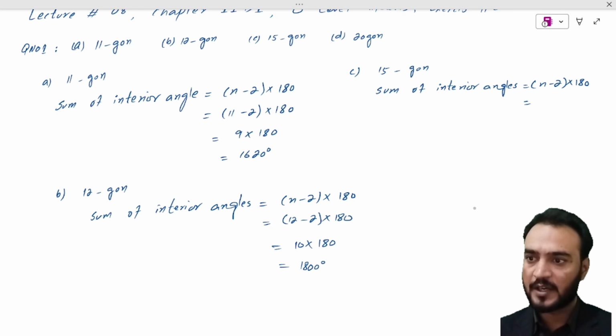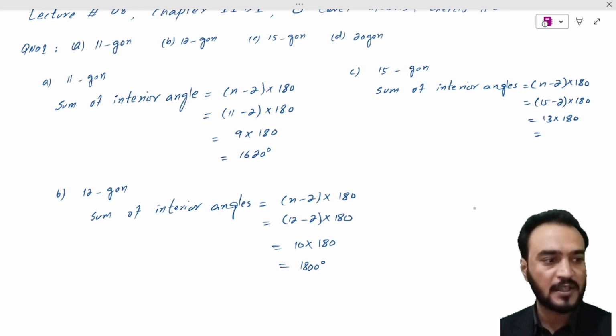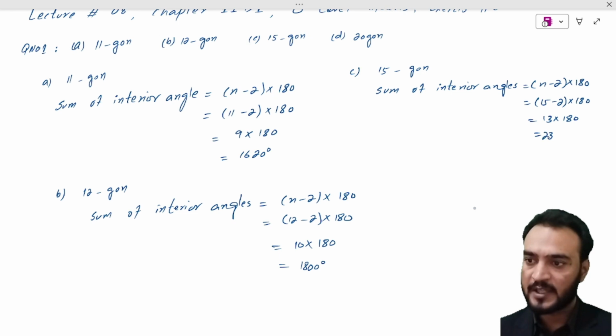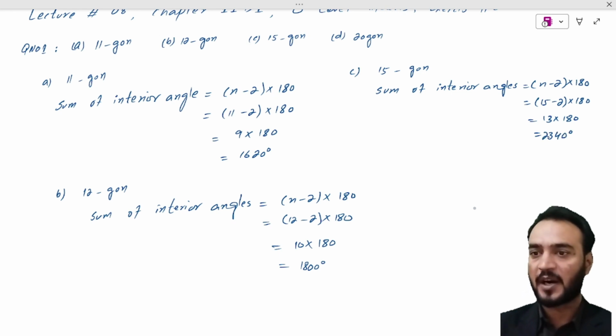The value of n now is 15. So 15 minus 2 times 180. It becomes 13 times 180. Multiplying 13 with 180, we get the answer, that is 2340 degrees. This becomes the answer of part C.